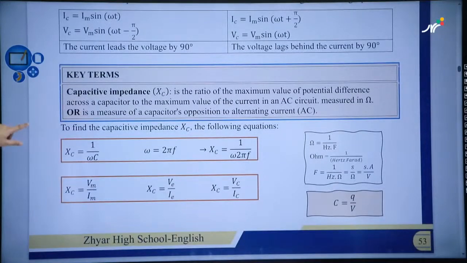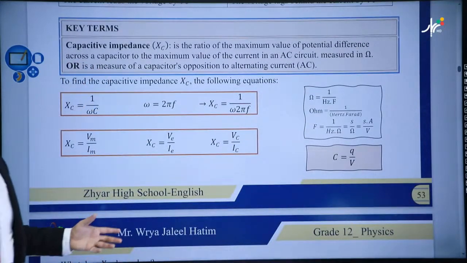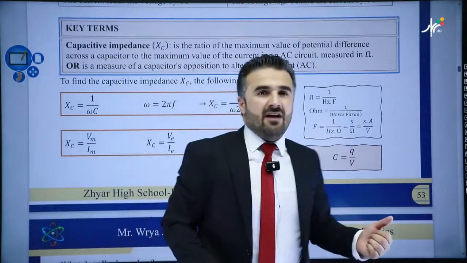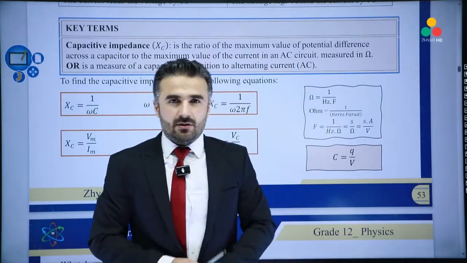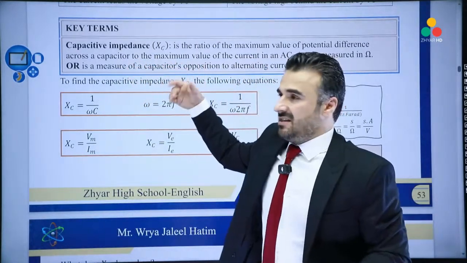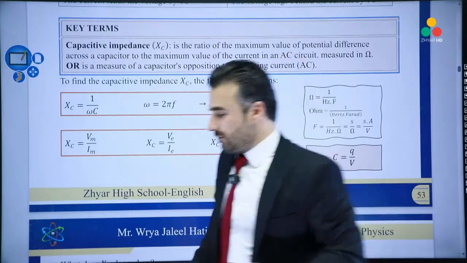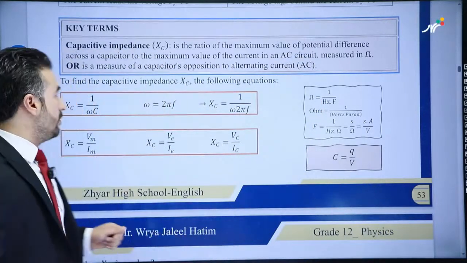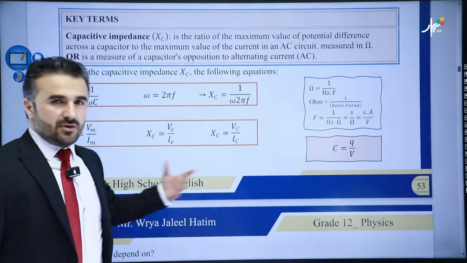Now, using Ohm's law, we have something called capacitive impedance. We have resistance, the inductive impedance for the inductor, and now the capacitive impedance for the capacitance. So what is the capacitive impedance? Of course there is a resistance to the current as well.